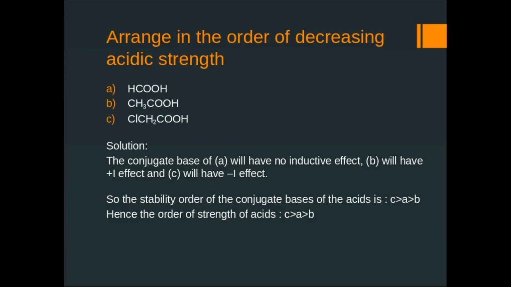So the OH bond will comparatively have a high probability to break, and so more H plus ions will be furnished in the solution compared to acetic acid. And so formic acid has greater acidic strength than acetic acid, and obviously chloroacetic acid has the highest acidic strength as it is showing the minus I effect.